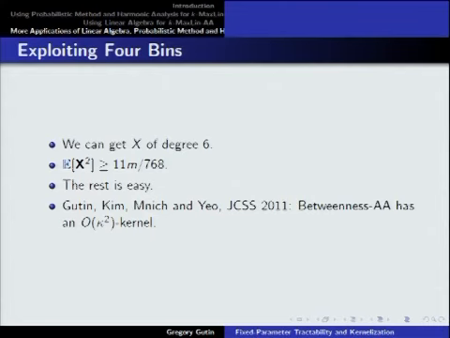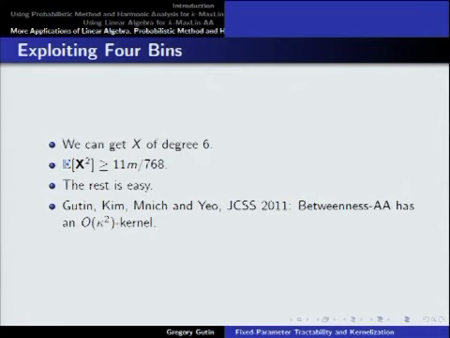In this case, it's not difficult to get X, which is of degree 6, then some estimate, which is a bit lengthy, because you cannot use Parseval here, as X is a polynomial which is not so easy to simplify analytically. Then you need to use some combinatorics to prove that the second moment is at least 11m divided by 768, and the rest is as you saw before.